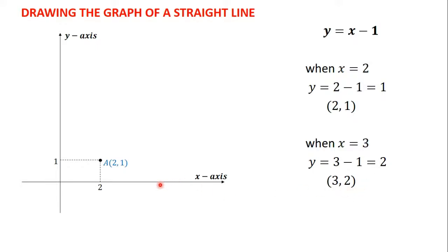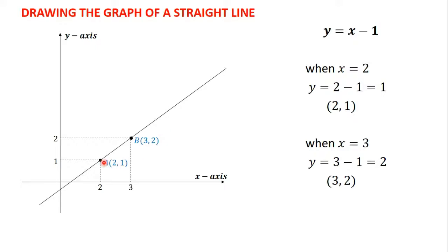You come to the graph sheet, then you plot this point. So we look for 3 on the x-axis and 2 on the y-axis. 3 and 2 will meet at this point. We will call this point point B, and point B has the coordinates (3, 2). We now have these 2 points, so we will draw a straight line through them.